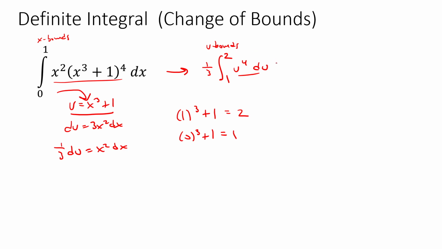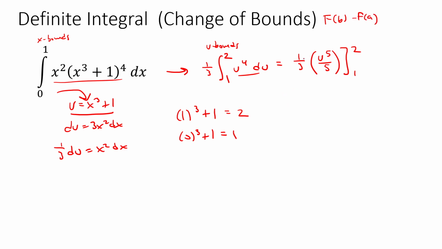Now we do what we always do. Leave the 1/3 in front, take the antiderivative. We don't need a plus c because we're now going to plug in 1 and 2. All right, we're taking a definite integral, so we want to do big F of b minus big F of a, right? The fundamental theorem.